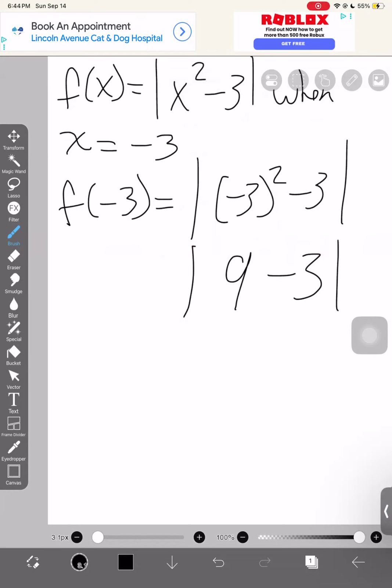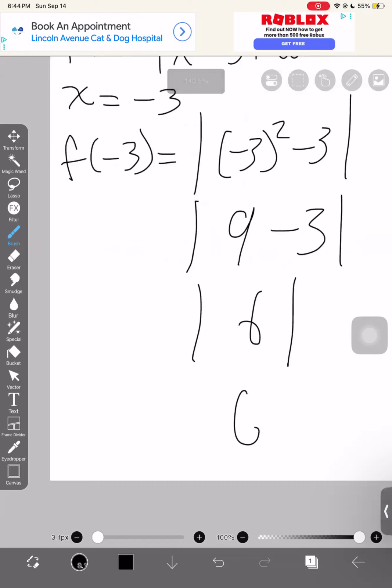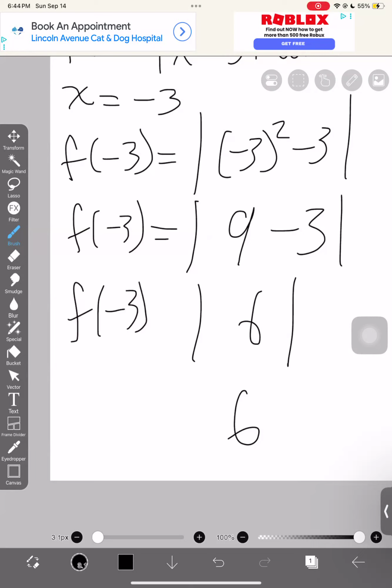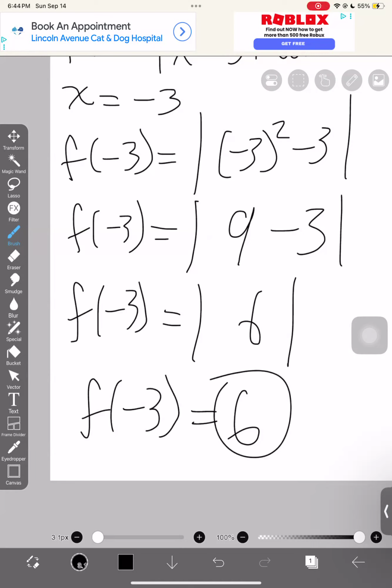Right? 9 minus 3 is 6. And the absolute value is 6. We get 6. Right? Nothing crazy. It's just that a lot of students get confused by the notation. And that's basically what it means.